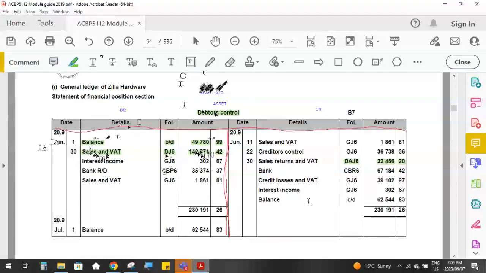So in our debtors control account, we write the 22,456 on the credit side. We put the DAJ6 as our reference under folio, and then under details, in other words, if we are crediting debtors control with 22,456, we are going to be debiting sales returns and VAT.